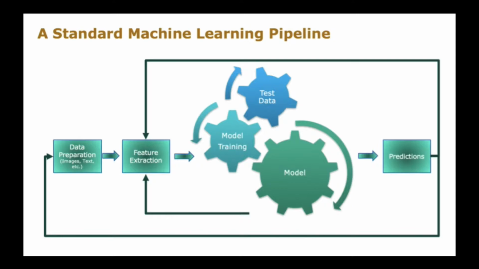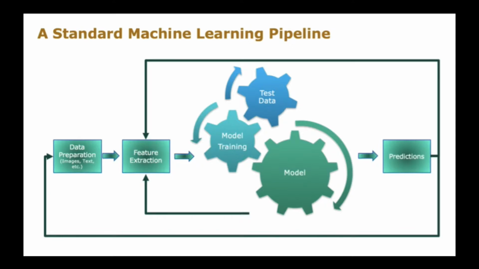Before you train your model or before you can do anything with the knowledge and information you have, you have to manipulate the data in some sort of way. So you have to make the data look a certain way so that when you train it, your functions work properly.